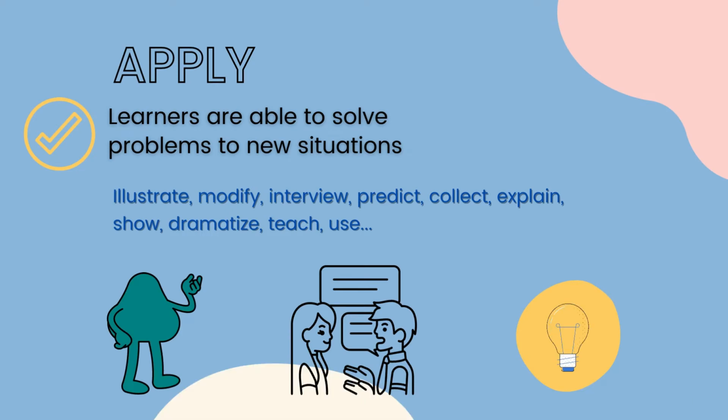Apply. In this level, the learners are able to solve problems in new situations by applying what they have acquired. They are basically supposed to gather their knowledge, facts, techniques, and different rules they have learned to solve different, new situations.